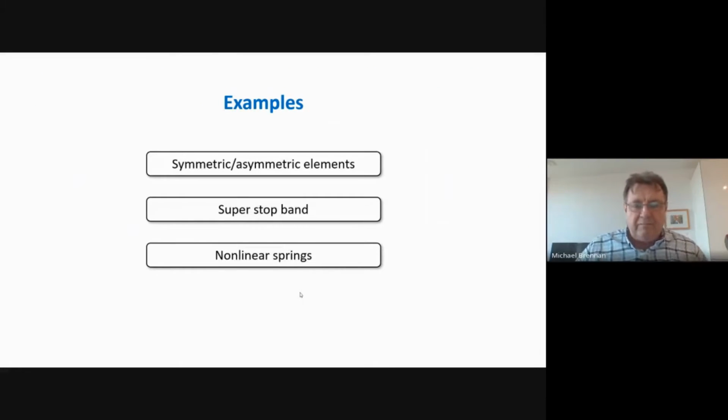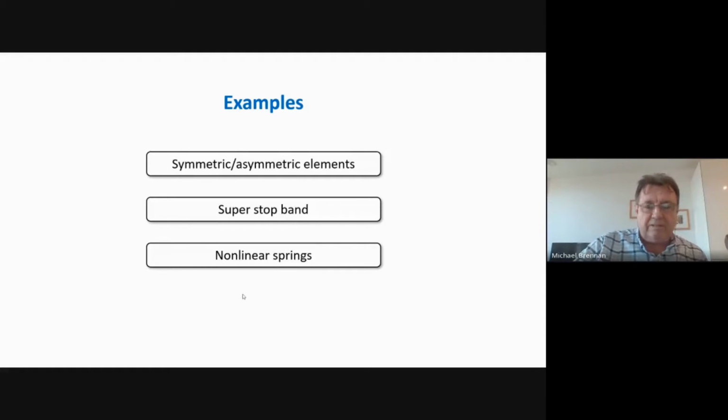So the three problems that we're going to look at are the use of symmetric or asymmetric elements. And Gian Cornero is going to talk about this. And Gian has done a study concerning this with rods. Then Vinicius will talk about the super stop band behavior.